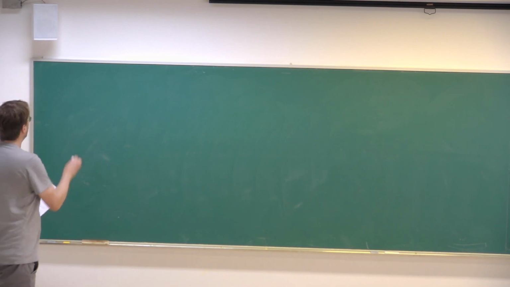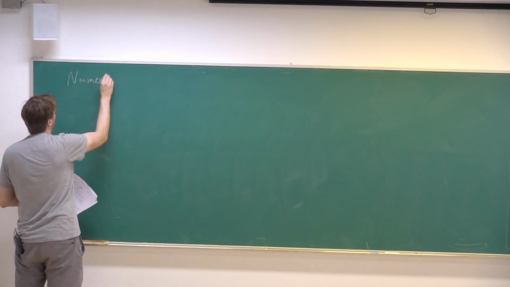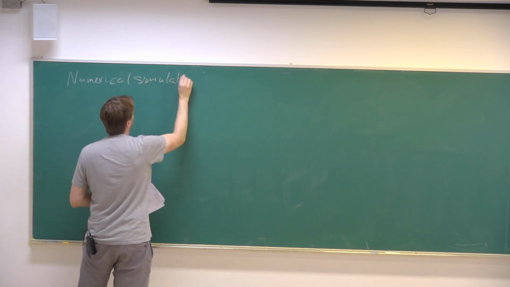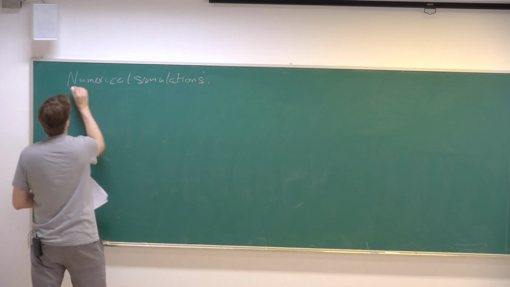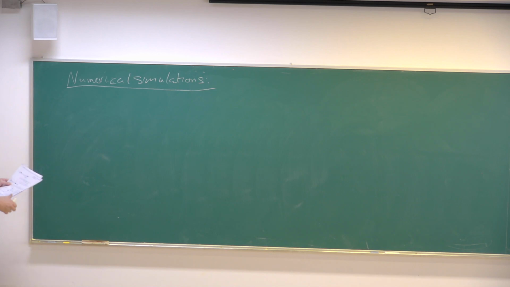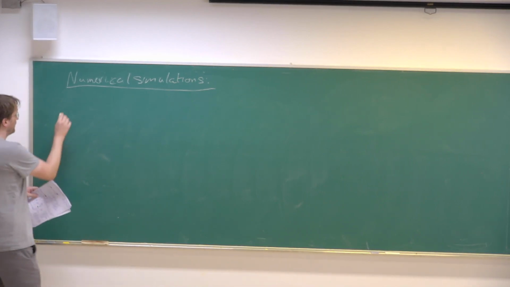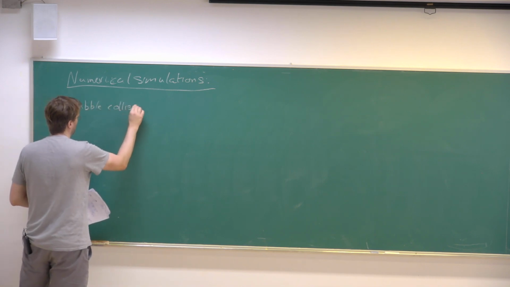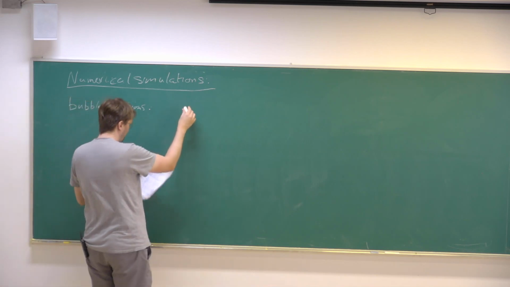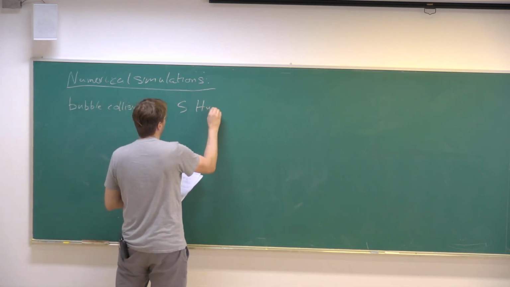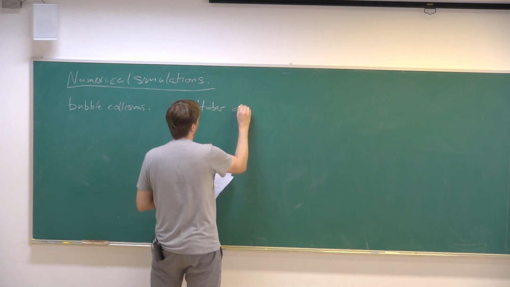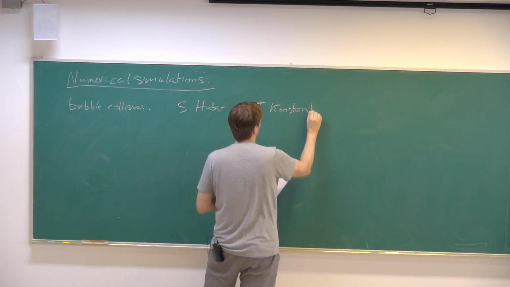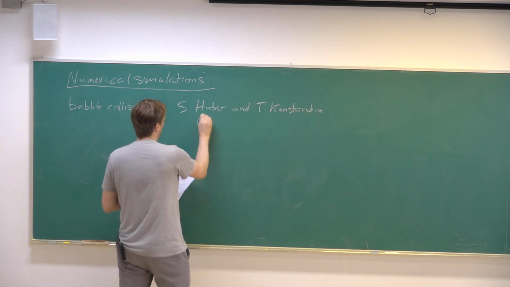Okay, so then numerical simulations. Let's first start with bubble collisions, the first source. This is from a paper by Stefan Huber and Thomas Konstandin. The arXiv number is this.